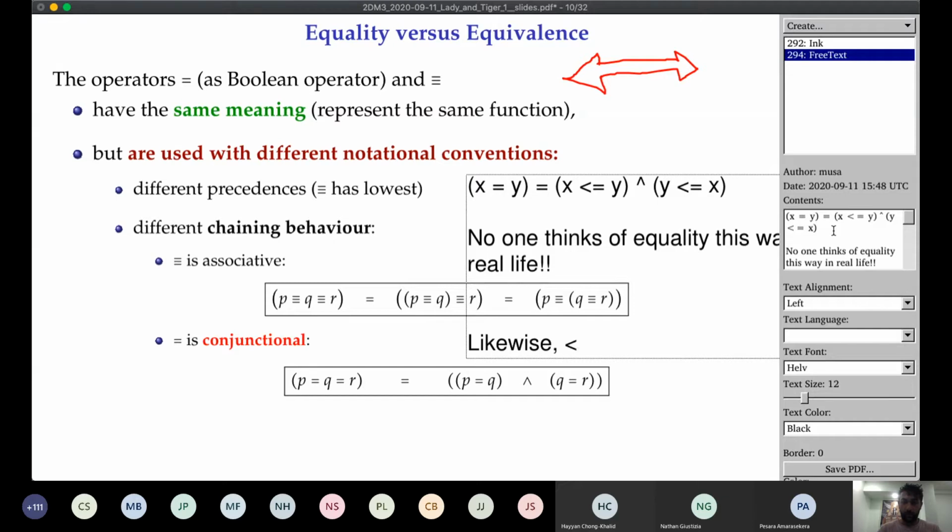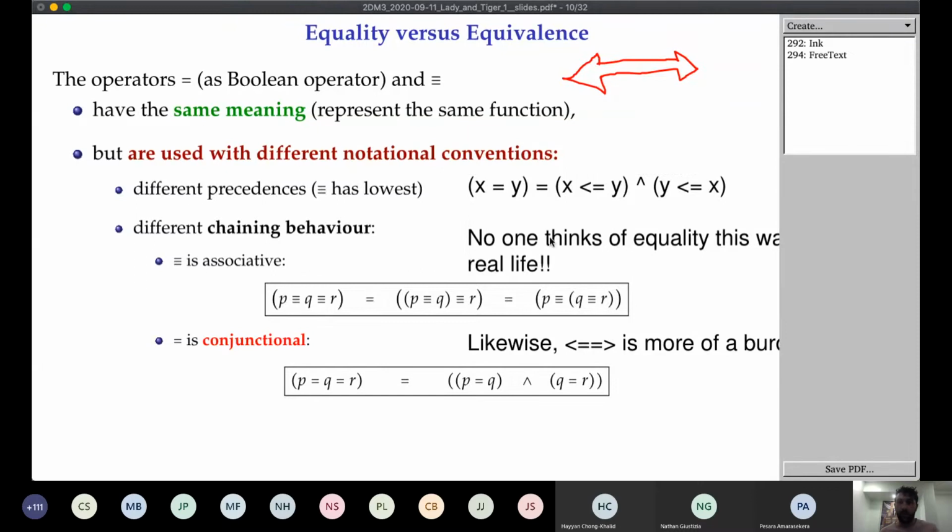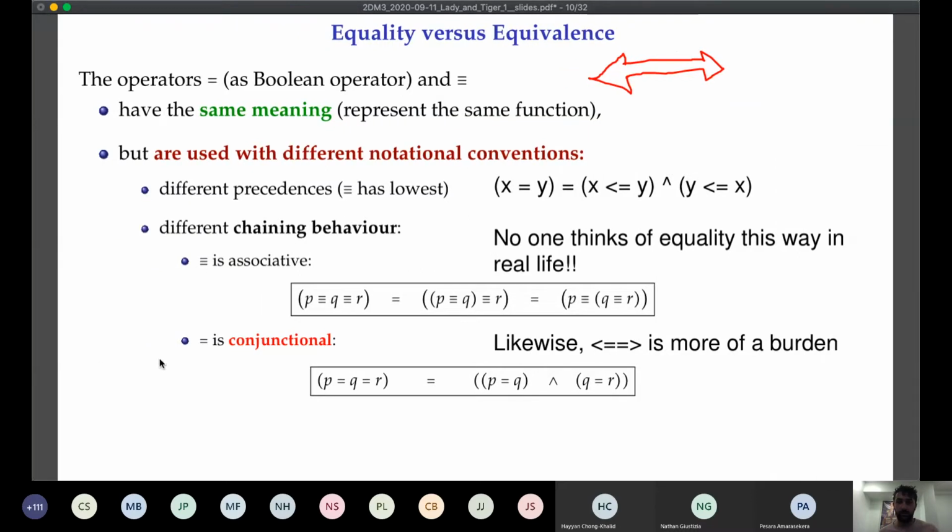Likewise, this double-headed arrow is more of a burden when starting out. So this if and only if is usually a burden, right?